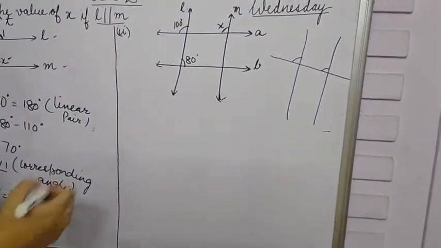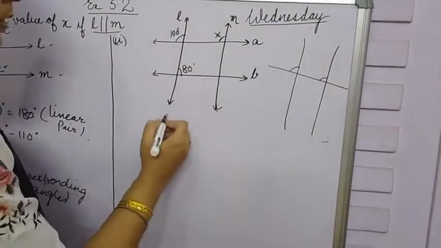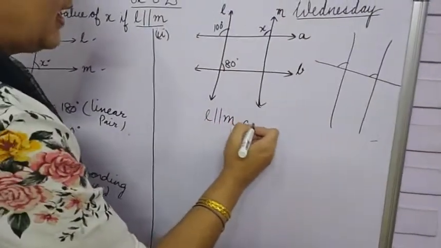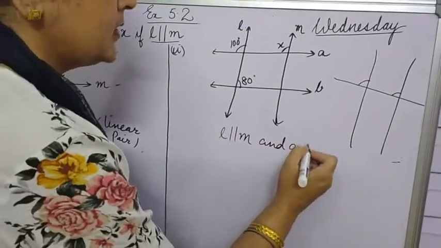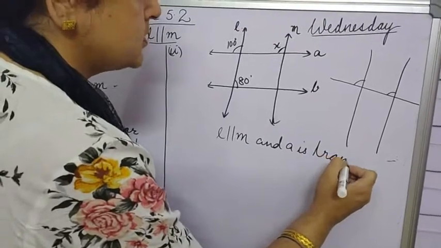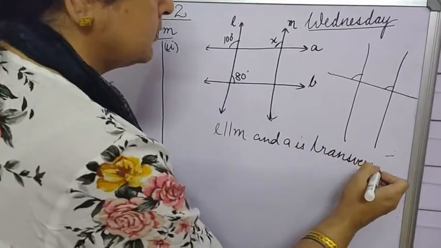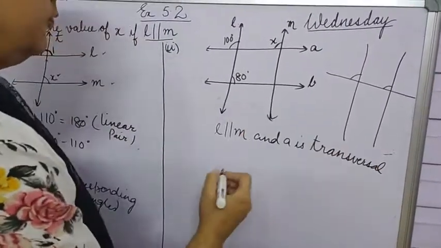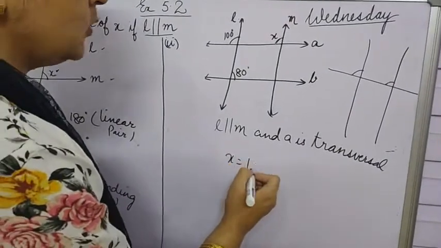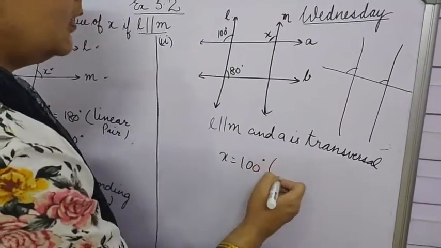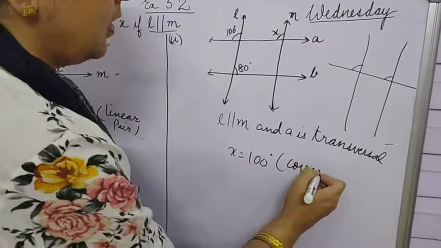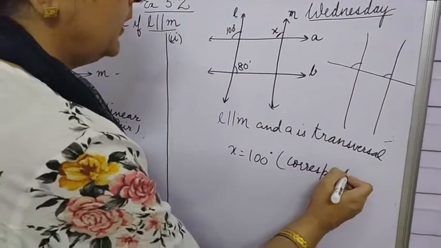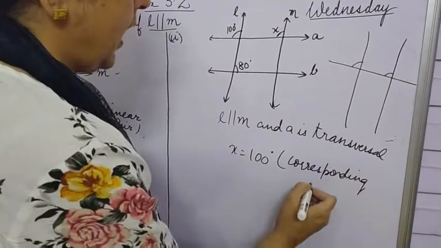Yes, these are corresponding angles. So L is parallel to M and A is the transversal. So we can say that x is equal to 100 degrees because these are corresponding angles.